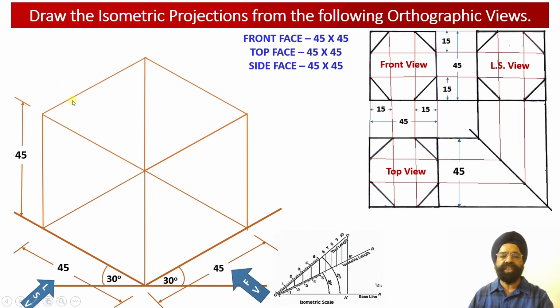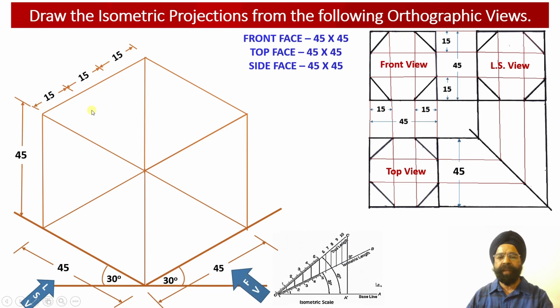The same procedure will be repeated for the top face, in which from these four corners we are going to mark distances of 15 millimeter each alongside the two edges which constitute that particular corner. So let us mark the distances of 15 millimeter from each one of these corners over here.